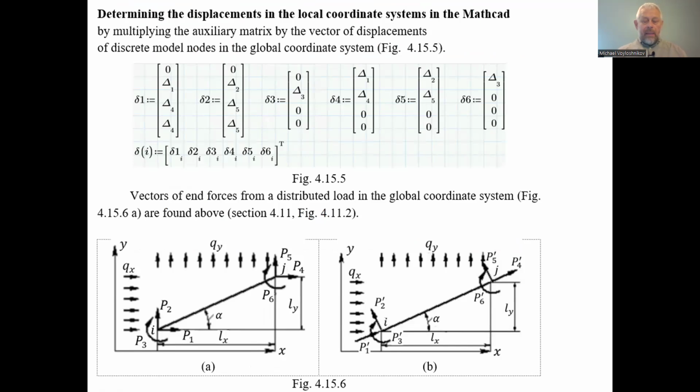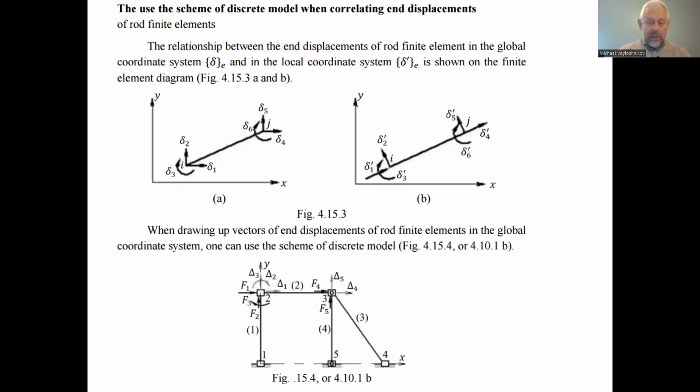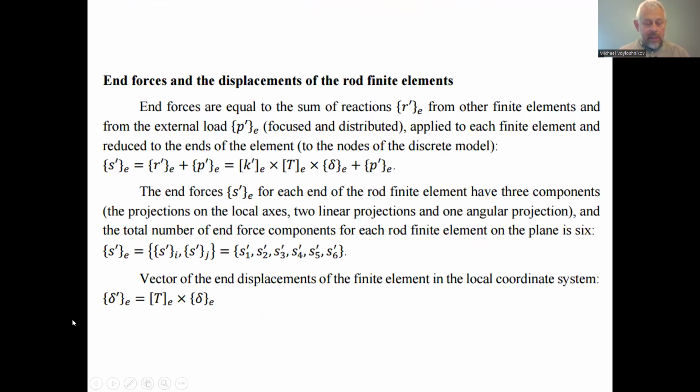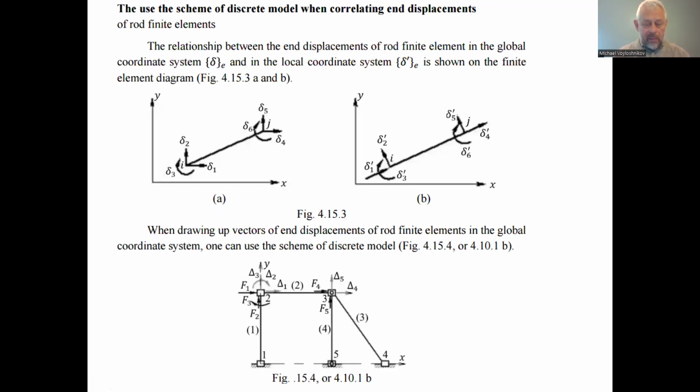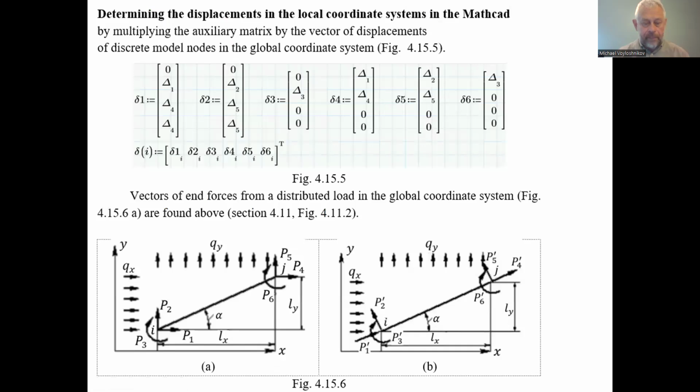So, first of all, to find the displacement delta stroke of the ends of the finite element in the local coordinate system, we have to define the displacement in the global coordinate system of the ends of the rod finite elements of the mechanical system. To do that, we remember the directions of the displacement in the global coordinate system, the directions of the nodes of the discrete model of the considered statically indefinable frame.